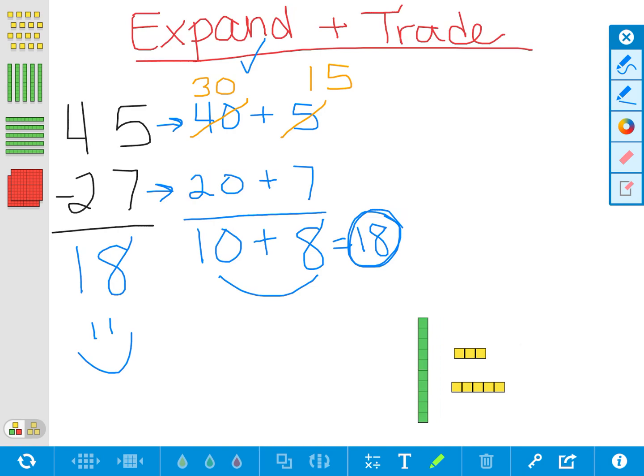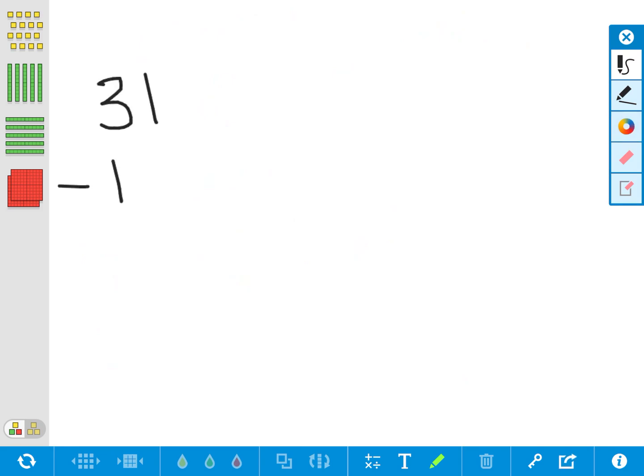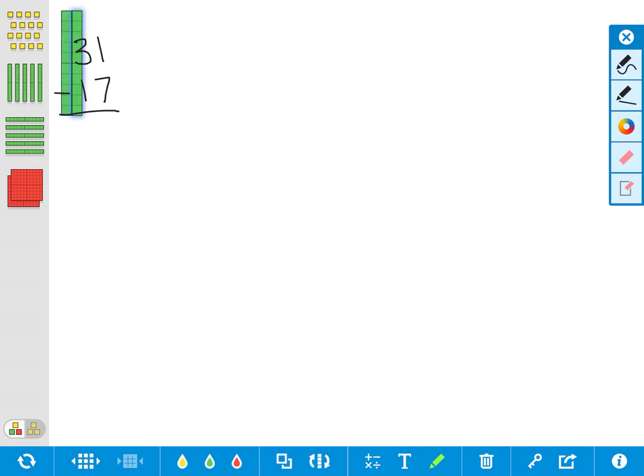All right, let's try number 2 together. So let me go ahead and erase this screen. So the new problem that we're working on is 31 minus 17. I'm going to zoom out a little bit. 31 minus 17. And I'm going to go ahead and make 30.